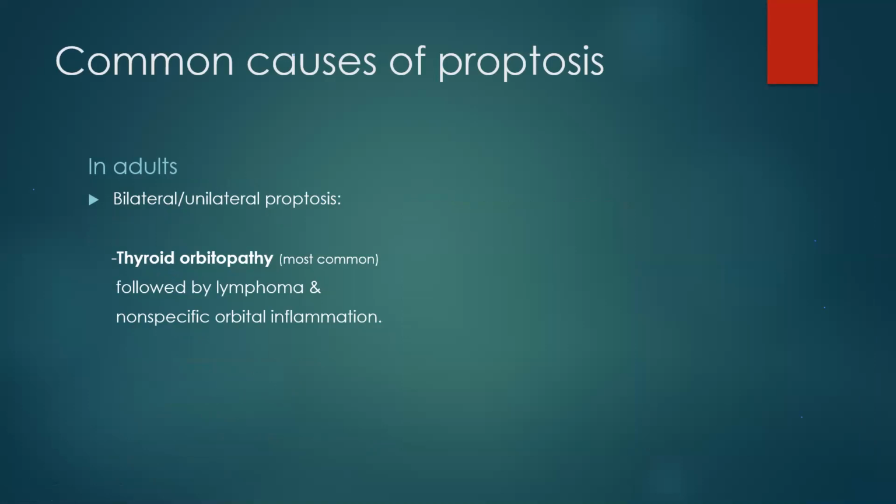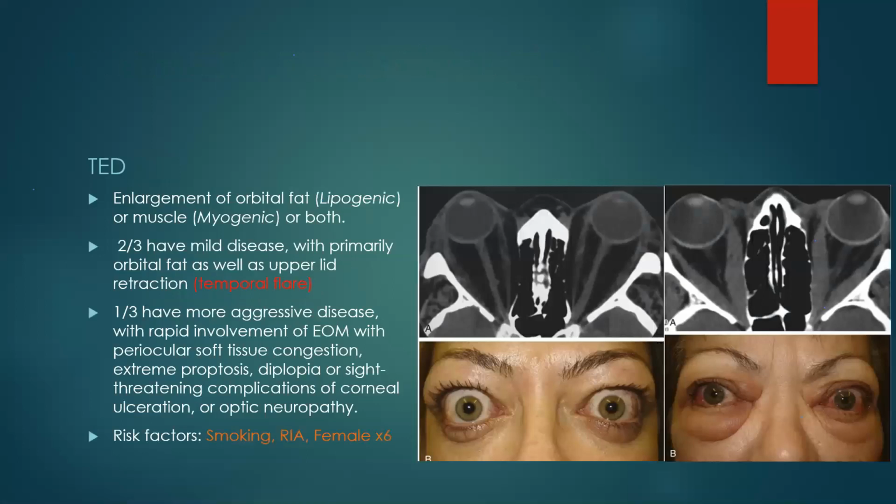Common causes of proptosis in adults, either it's bilateral or unilateral, is thyroid orbitopathy, followed by lymphoma and non-specific orbital inflammation. So thyroid eye disease, the disease can behave with a lipogenic or myogenic form.